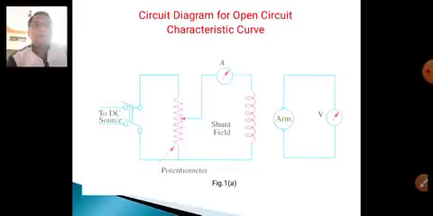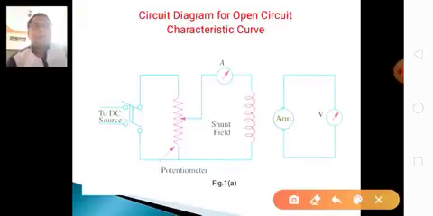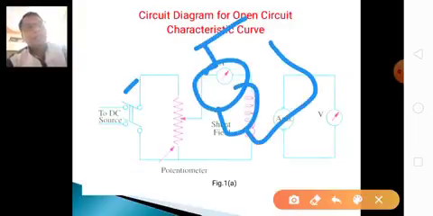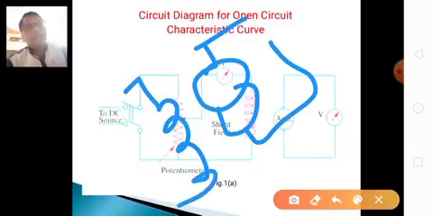Here is the circuit diagram for open circuit characteristics. Suppose this is the armature and this is the field. There is no connection between these two, so the generator is separately excited.